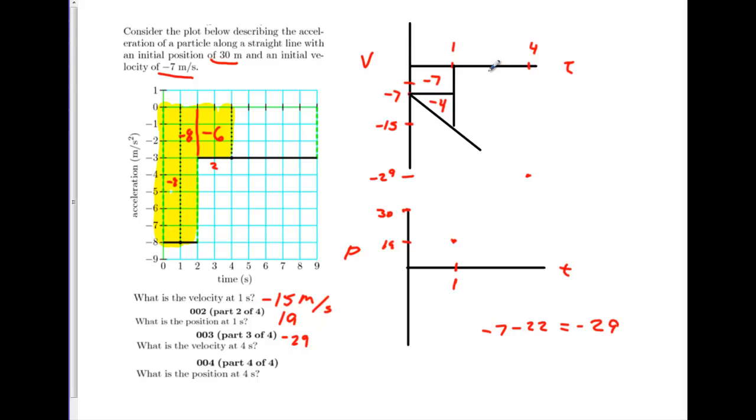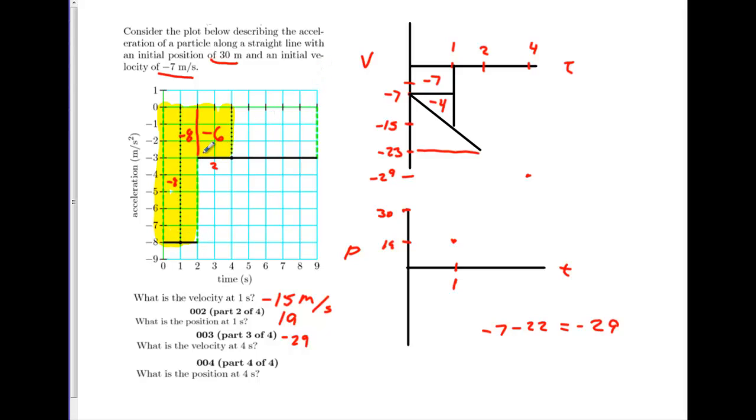So when t is 2, obviously it'd be -15 minus 8, which gives me -23. I know right here I'm going to be at -23. Again, you can draw all these over just like that. Okay, now your slope's going to change. And you can look right here, the slope of this whole thing here is -8. And you could calculate that, and I promise you it's going to be -8.